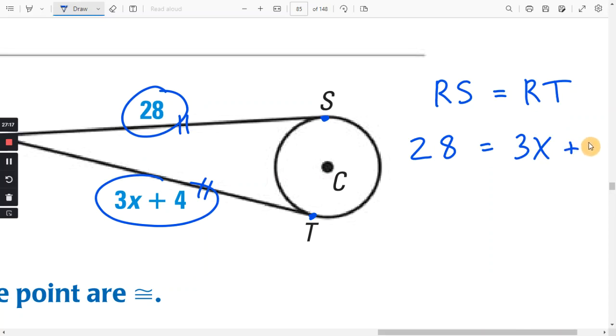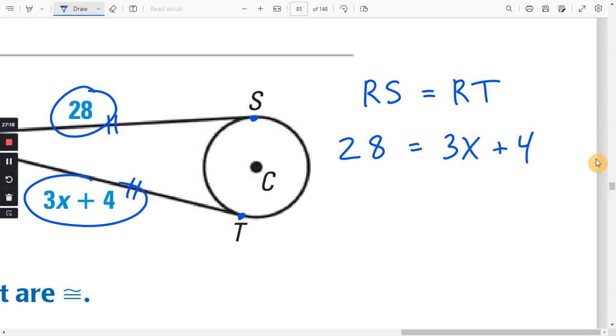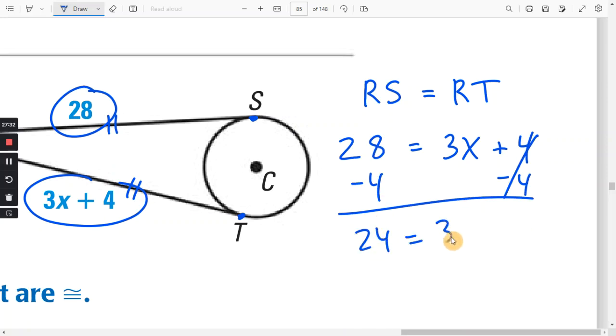So you just set them equal. All right, variables on one side, we want to get rid of positive 4. The opposite is negative 4. 4 minus 4 is 0. 28 minus 4 is 24. Bring down your 3x. The opposite of times 3 is divided by 3.